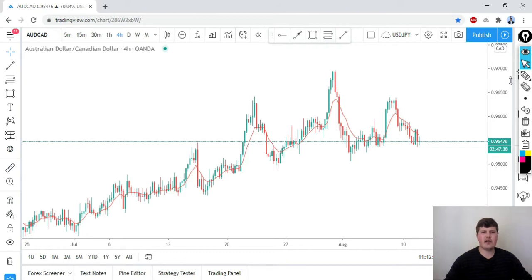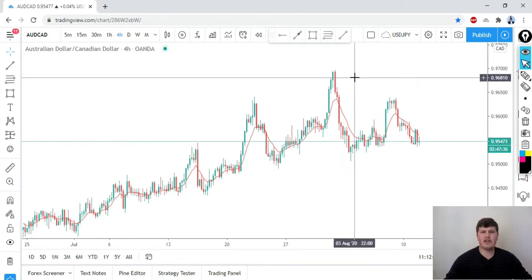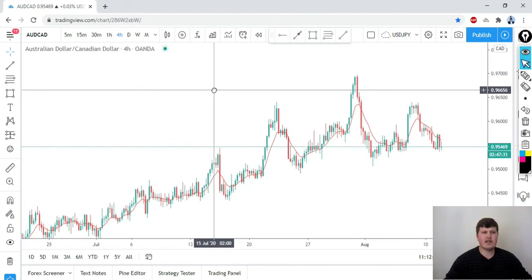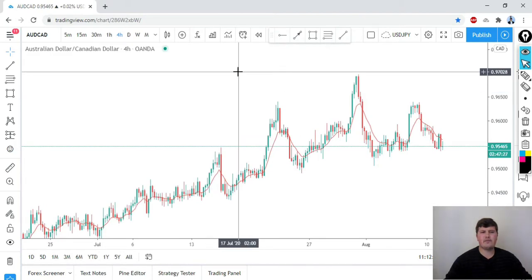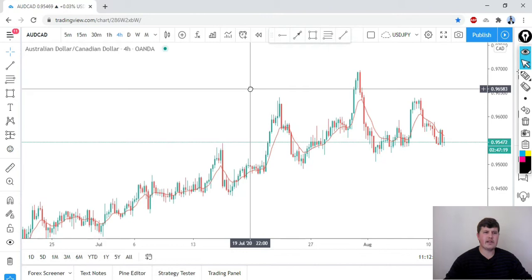And to help me with this technical analysis, I'm going to be using the Australian dollar, Canadian dollar chart. The first step that I do before I even start my analysis is just to determine where price is at the moment and where price is compared to previous price.